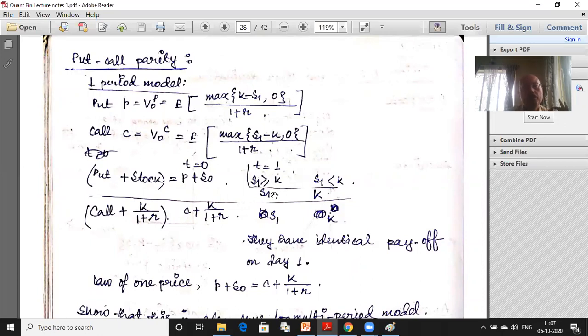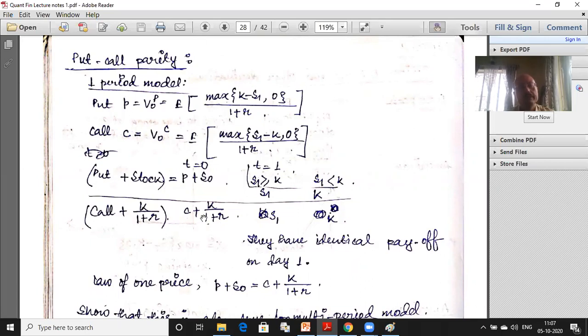So the put option becomes worthless, it expires, I have the stock already with me. Now the stock price is S1, so the value of my put plus stock portfolio is now S1. If you think of the other portfolio, call plus cash, what will happen now?